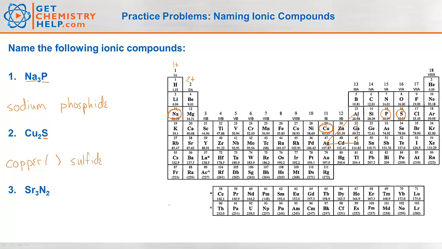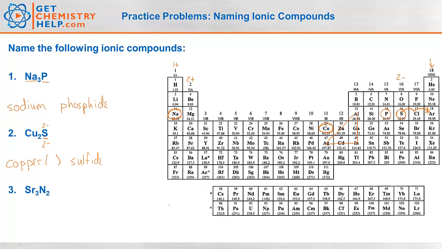What would the charge on sulfide be? Well, we learned again in that lesson on monoatomic ions that nonmetals won't have as many electrons as these noble gases over here. So sulfur needs 2 to become like argon. So it needs to gain 2 electrons, so all of these nonmetals are 2 negative. So sulfide is 2 negative, so our total charge on the anions, there's only one of them, is 2 negative.